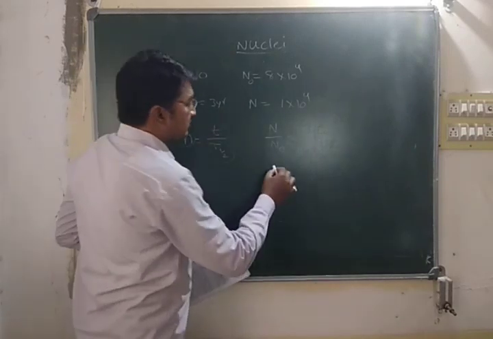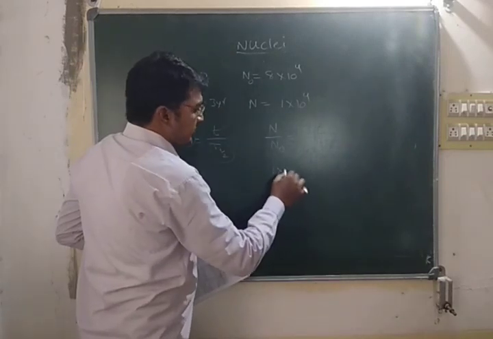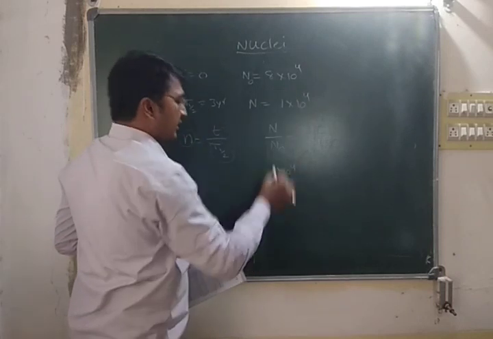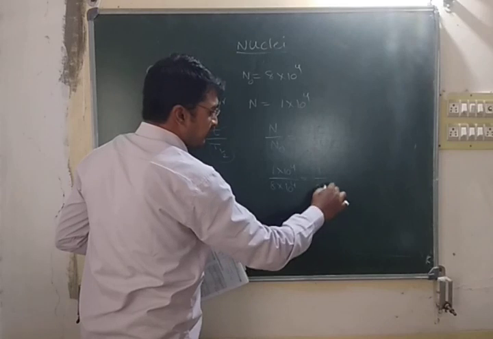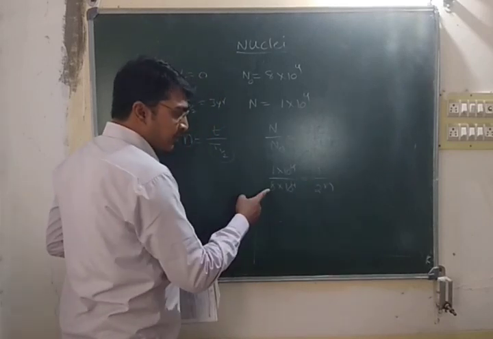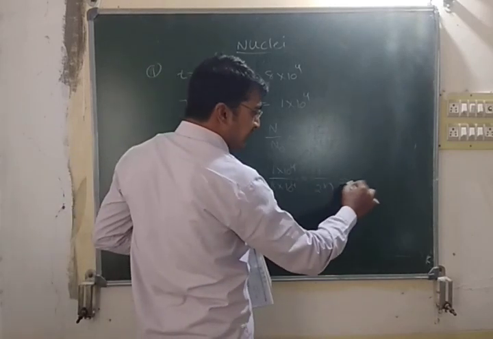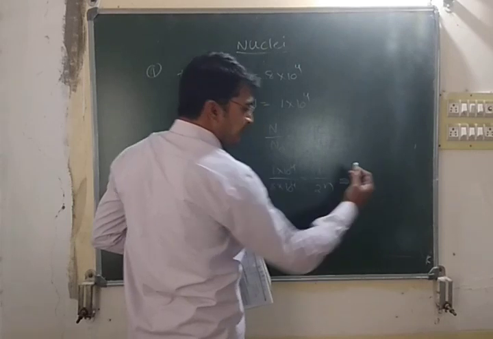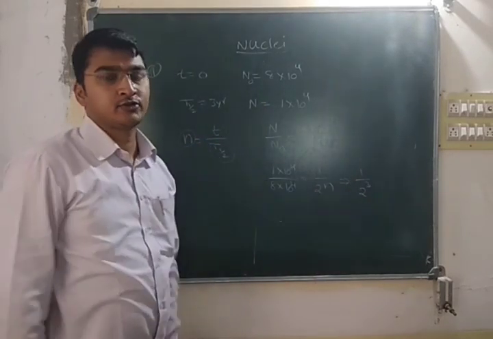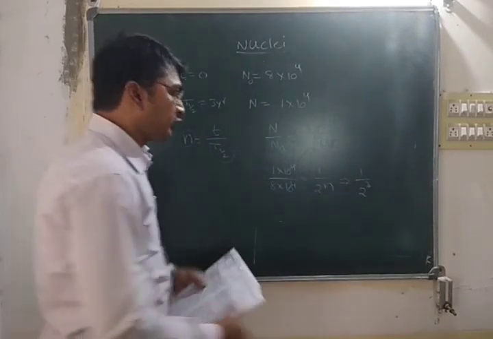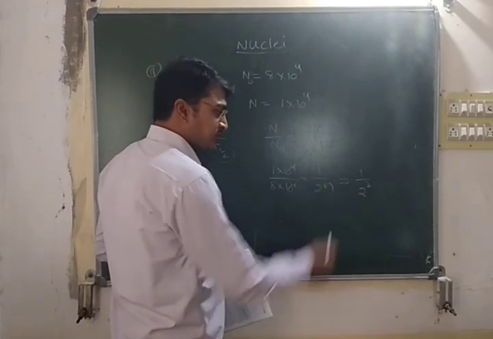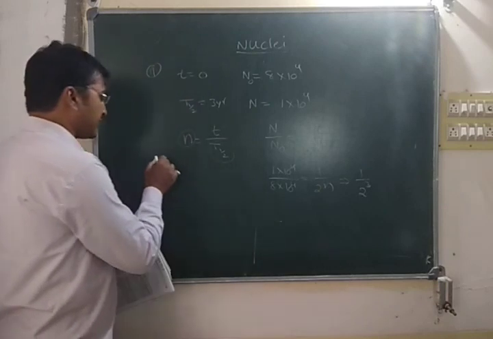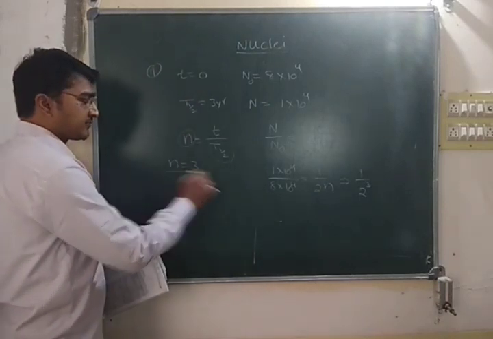N value is 1 into 10 to the power of 4, N naught value is 8 into 10 to the power of 4, equal to 1 by 2 to the power of n. The powers of 10 cancel, giving 1 by 8. We can write 1 by 8 as 1 by 2 cube. The numerators are the same and the bases of the denominators are the same, therefore n is equal to 3.